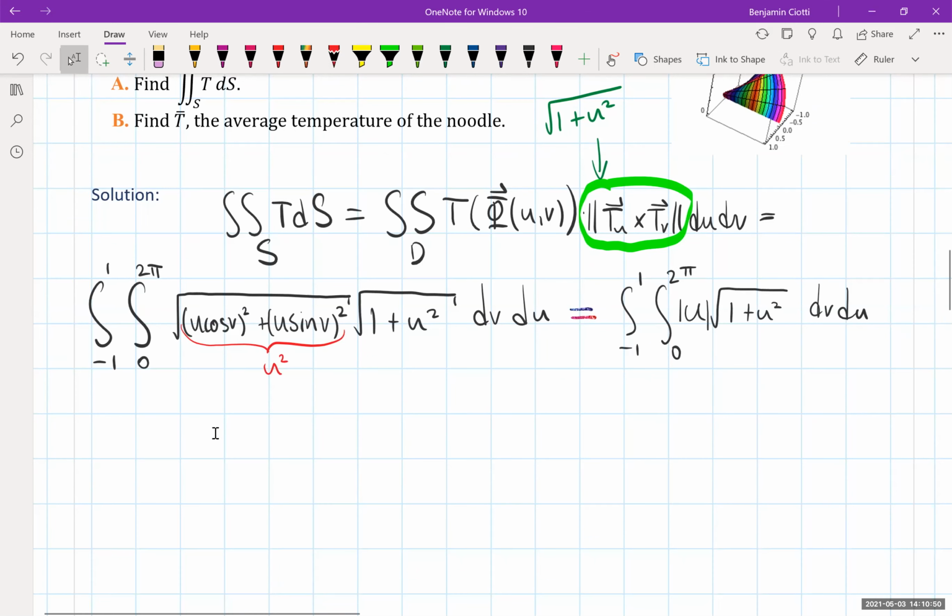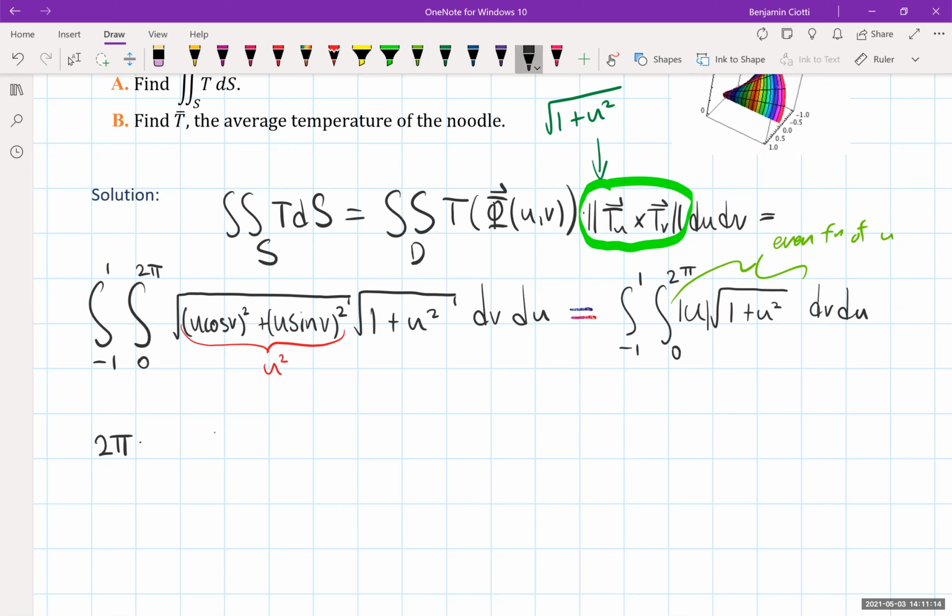Let's see. At this point, there's no v dependence, so I'll just get a factor of 2 pi. Oh, and you know what? I'm going to use symmetry at this point, since this is an even function of u.